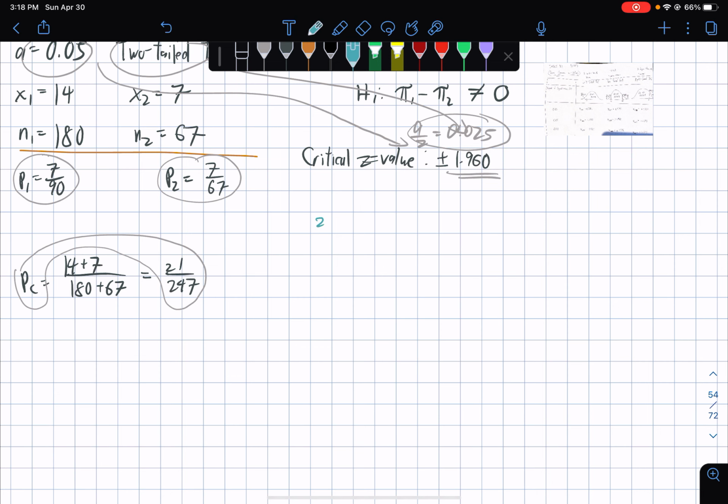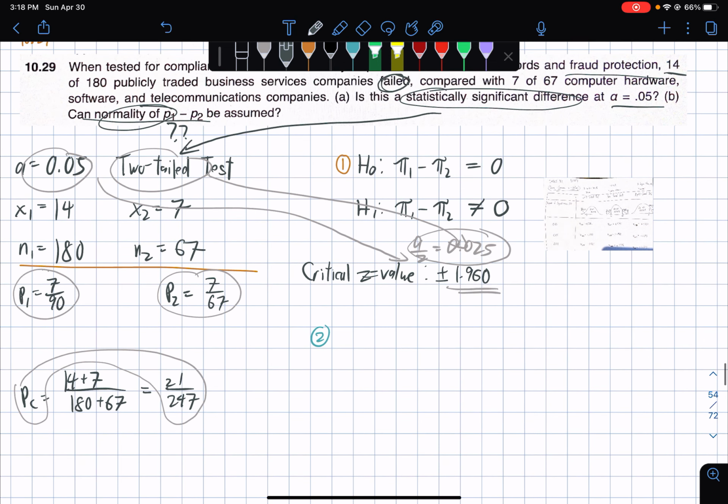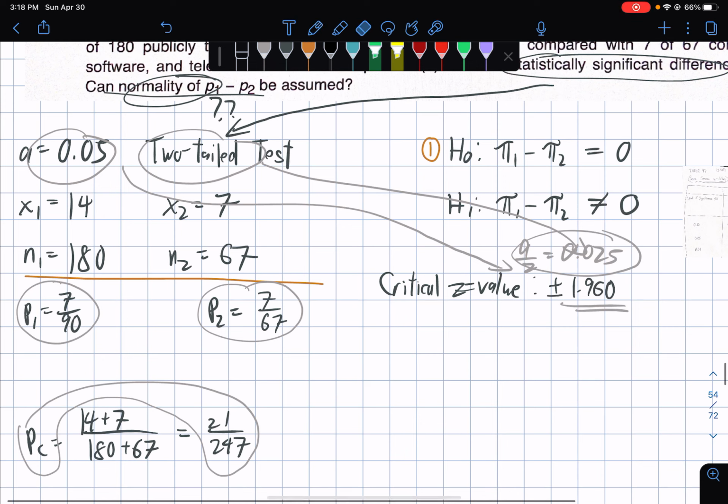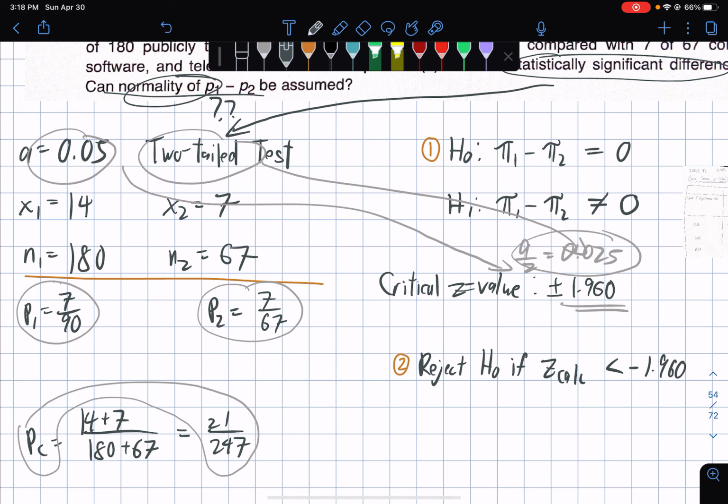Let's move to step 2. In step 2, reject H0 if Z-calc is less than negative 1.960 or Z-calc is greater than positive 1.960.